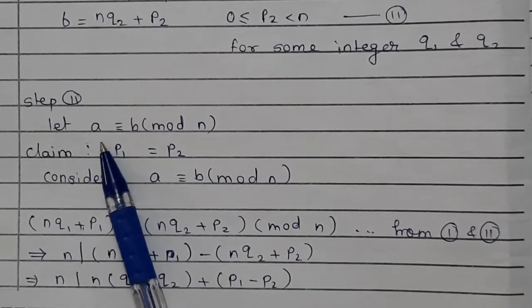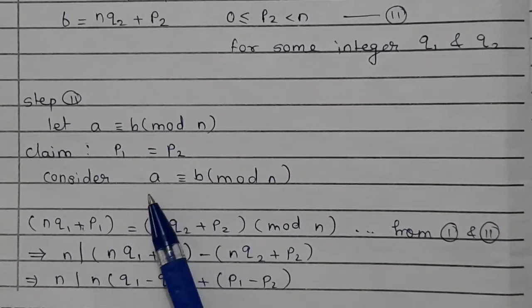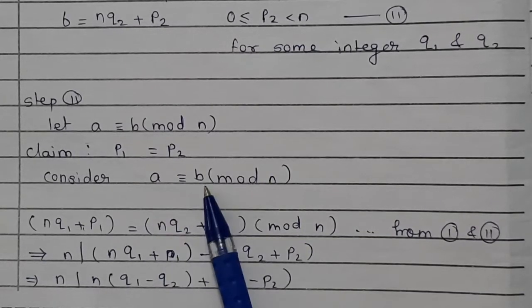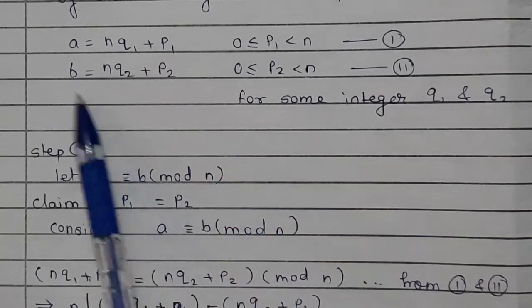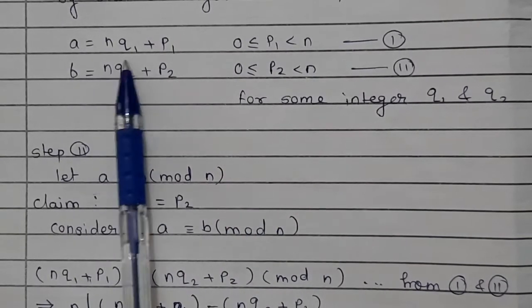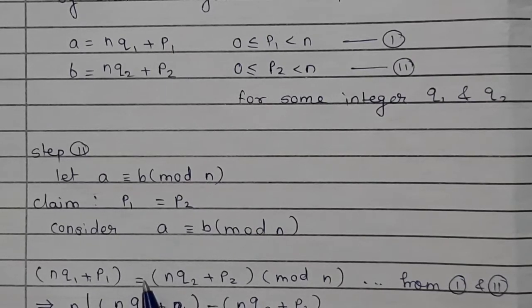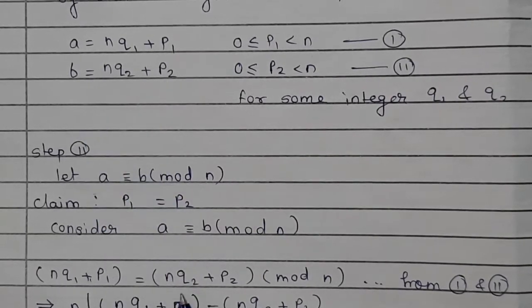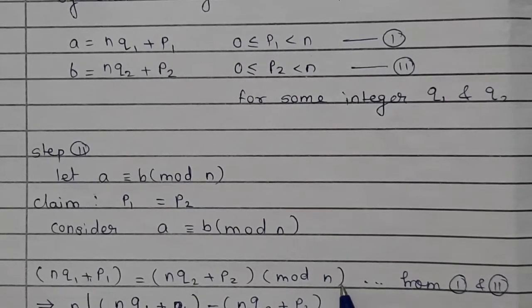So we are given a is congruent to b mod n, so we put the values of a and b. Here a is nq1 plus p1, so we write nq1 plus p1, which is congruent to the value of b, nq2 plus p2, mod n.